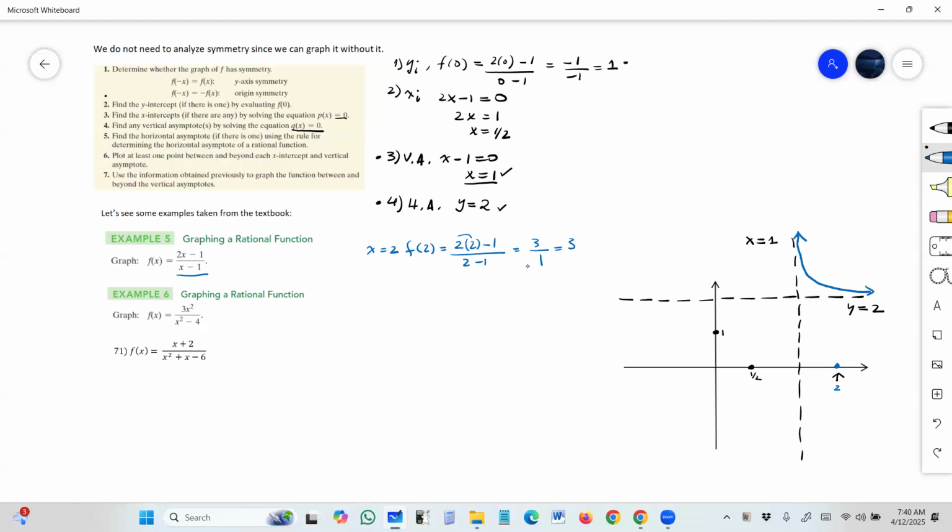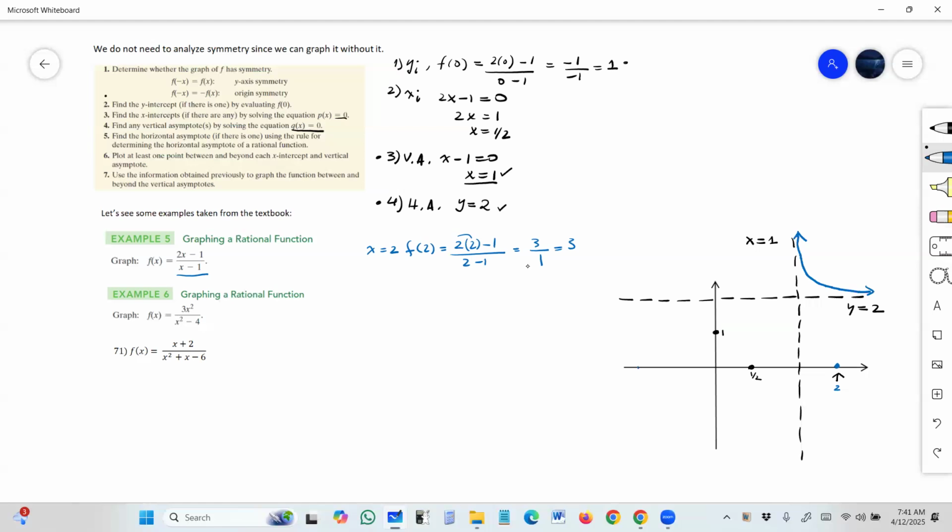Well, these two dashed lines are asymptotes, so the graph cannot cross them or hit them, or reach them. And since the graph is a rational function, we have to trace a curve approaching both asymptotes. So this is it. It becomes very simple once you have the asymptotes in.